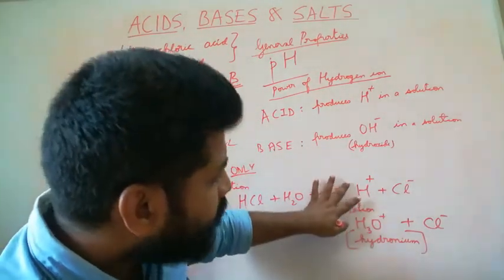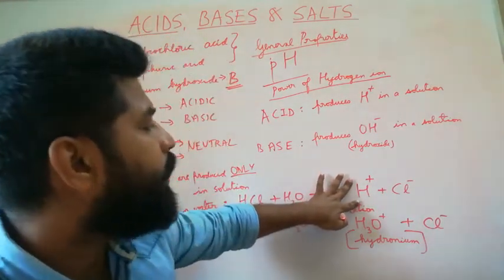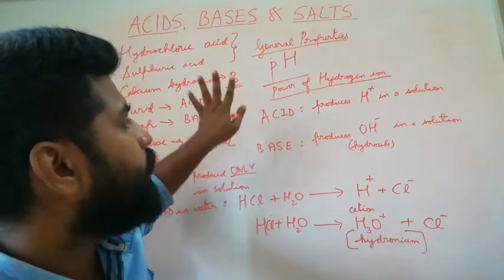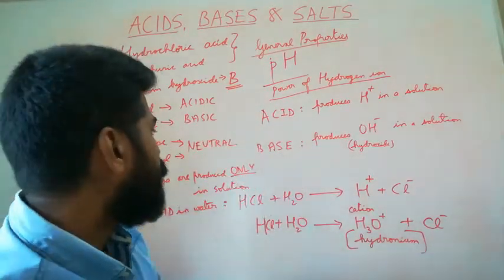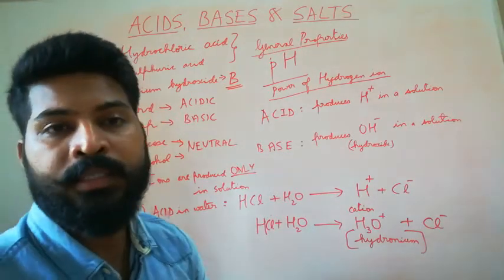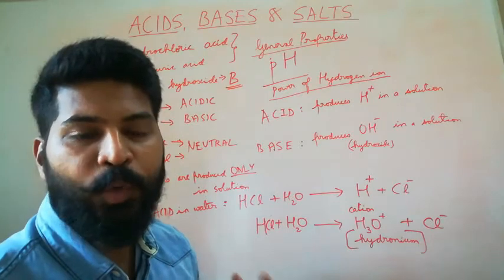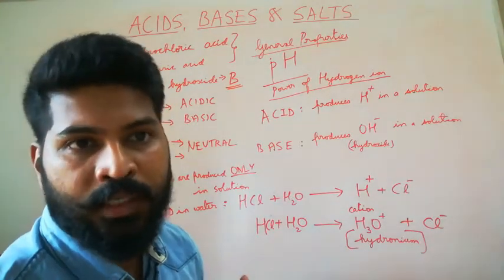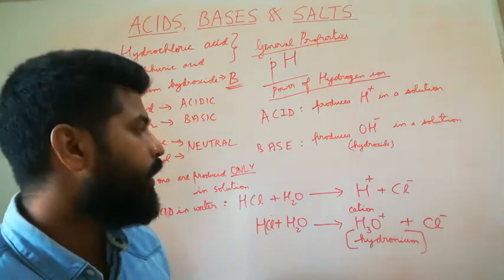And the strength of the H plus ions will tell you about the acid and basic property of a substance. So what exactly does a pH paper, a universal indicator, measure? How will you know whether it is an acid or a base?